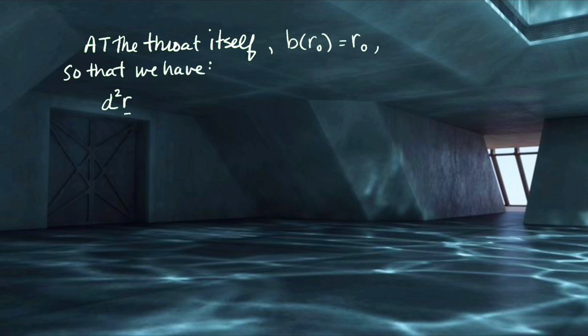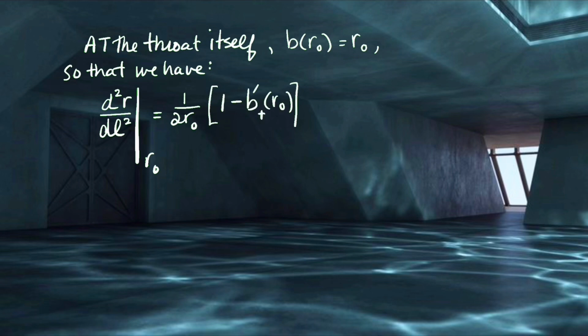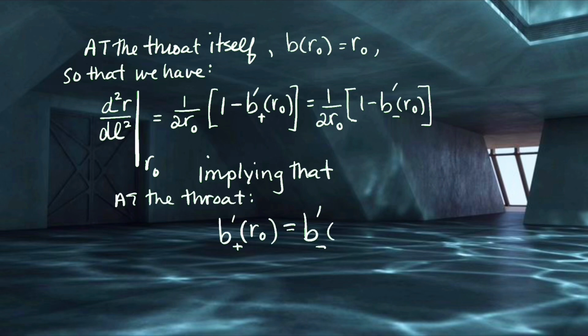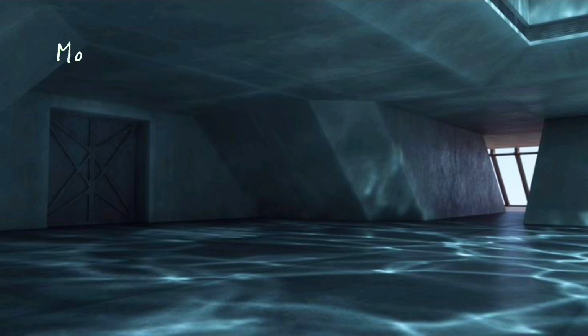At the throat itself, where b of r is equal to r0, we can evaluate the second derivative at r sub 0 and get the following expressions, again employing the symmetry that these things are equal at either end of the throat. And that implies that their derivatives are equal at either end of the throat as well.